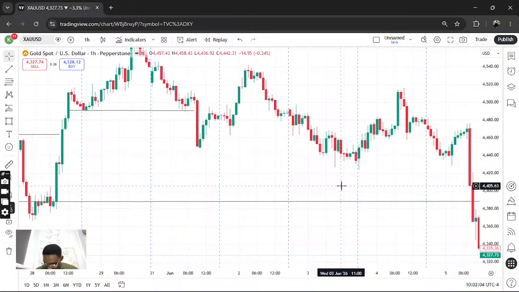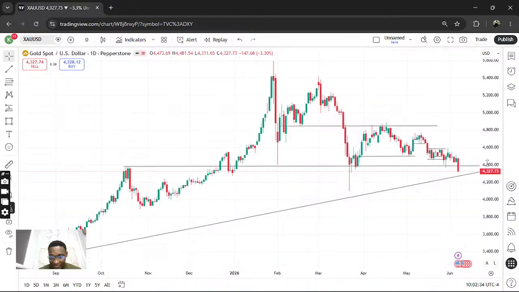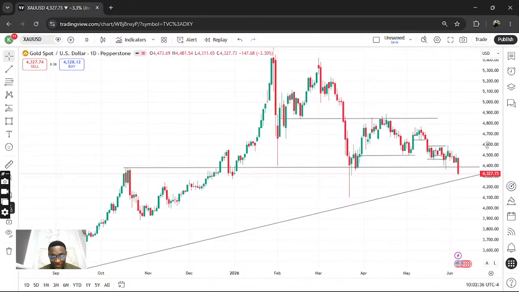As a day trader, you always start your day from daily time frame. Now, looking at gold, it is very obvious that gold is in a bullish direction.